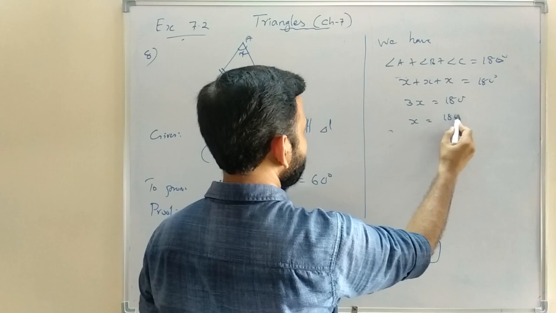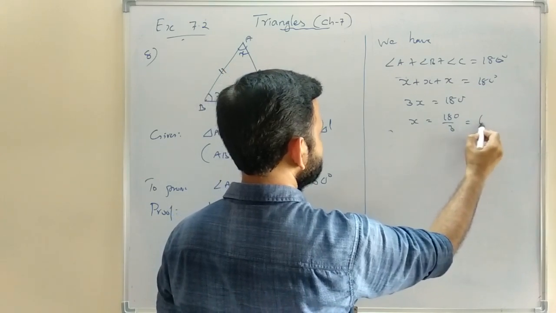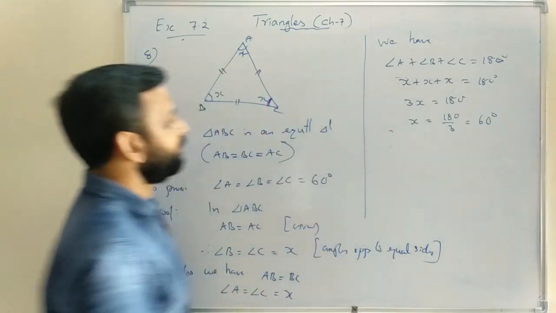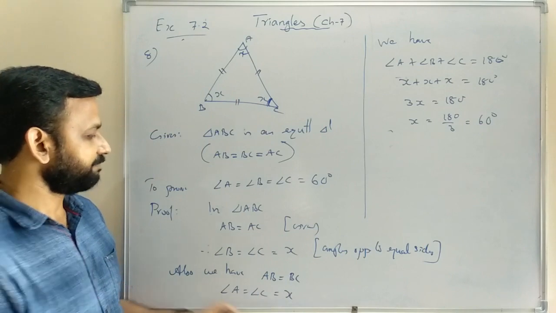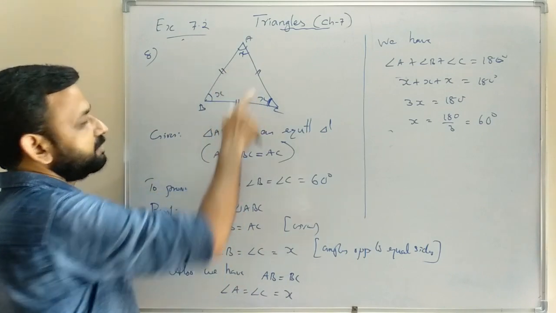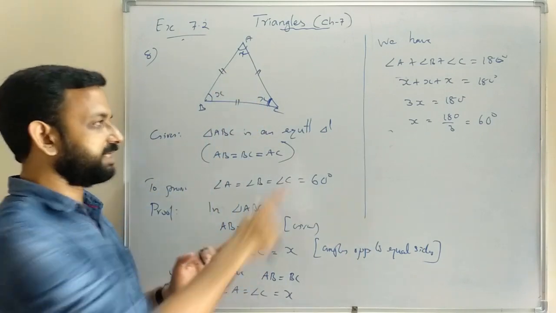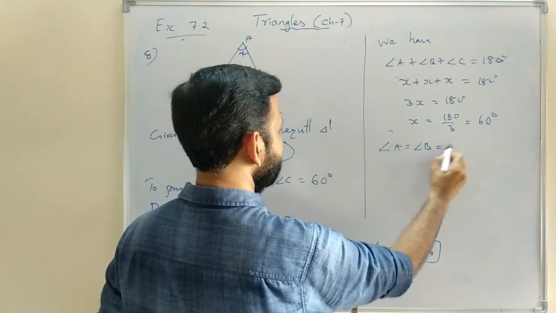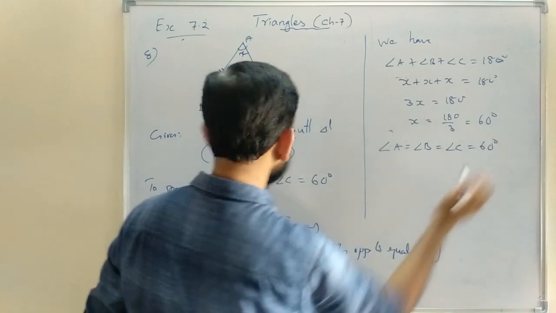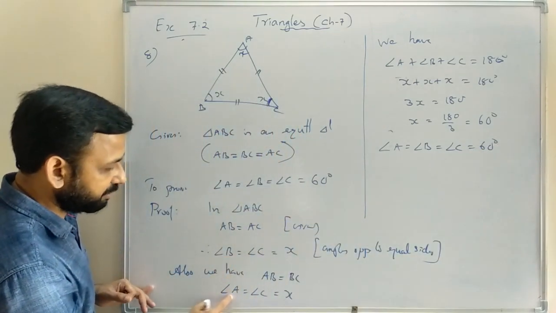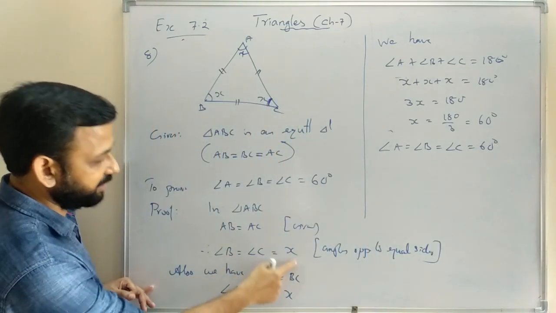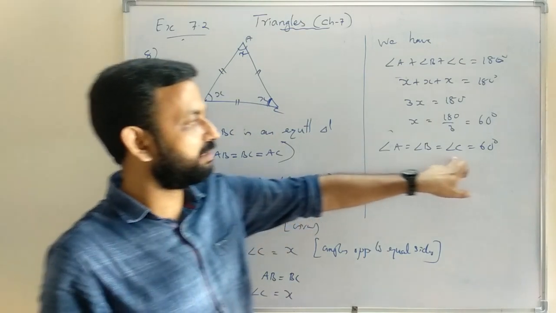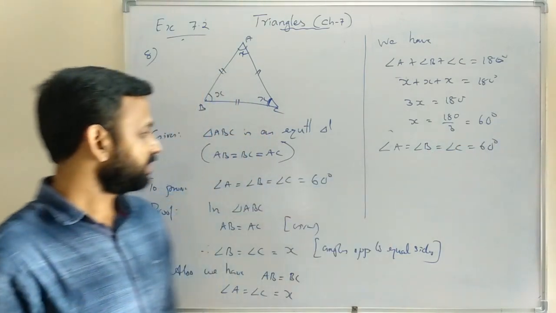Therefore x equals 180 upon 3, that is 60 degrees. So all the angles are equal, that is 60 degrees. So angle A equals angle B equals angle C equals 60 degrees.